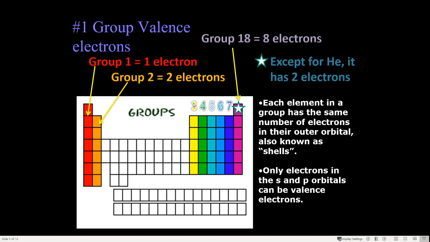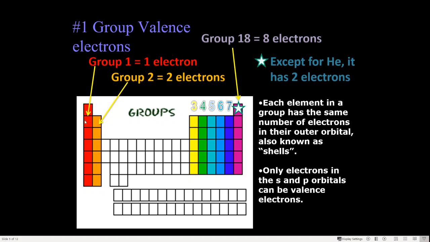Group 13 has 3, 14 has 4, 15 has 5, 16 has 6, 17 has 7, and most of the ones in group 18 have 8, except for helium. Remember, that's always our exception to the rule. Helium only has 2. So notice, I'm just taking the ones digit from each group number, and that's how many valence electrons it has for 13, 14, 15, 16, and 17. So that's one way of telling.